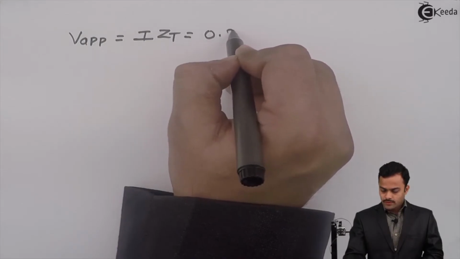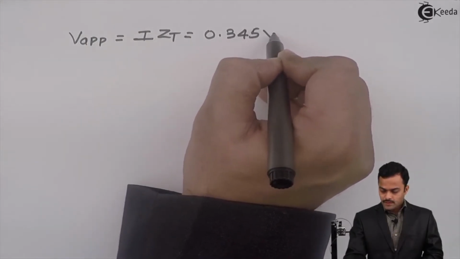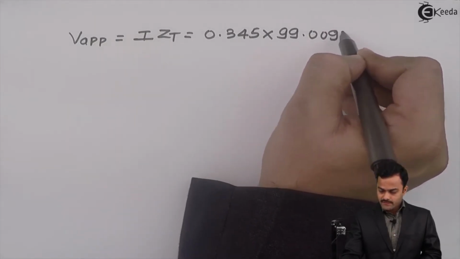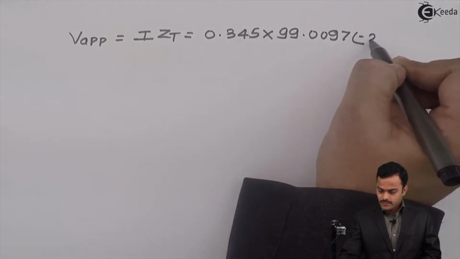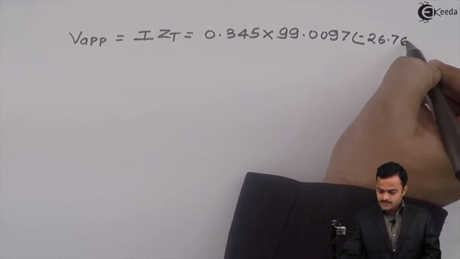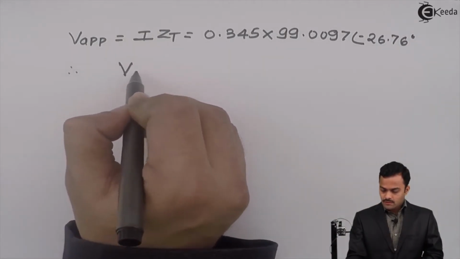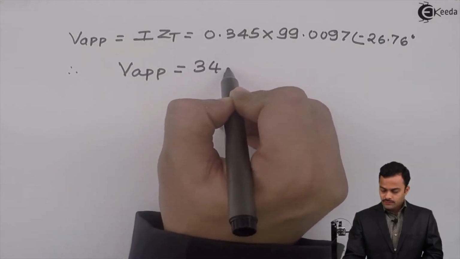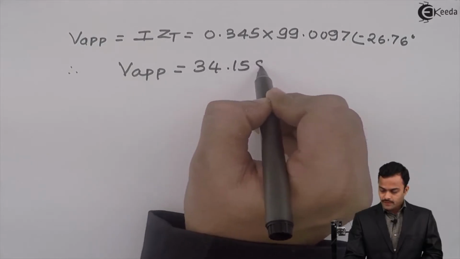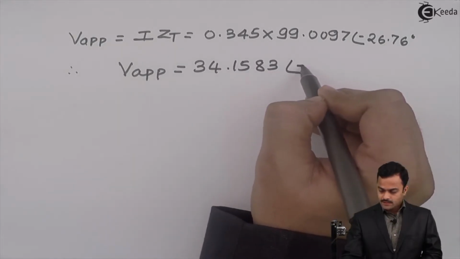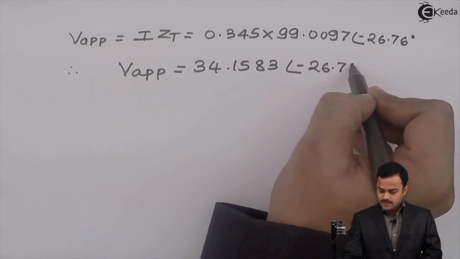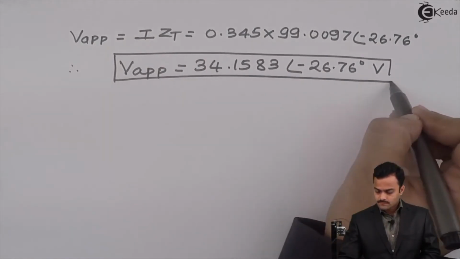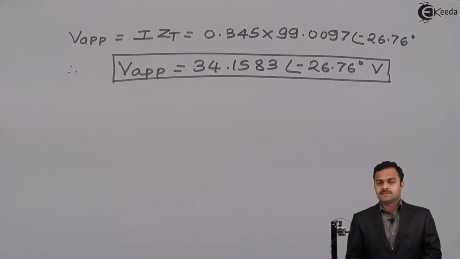So it is 0.345 multiplied by 99.0097 at an angle minus 26.76. So if I solve, voltage applied equal to 34.1583 at an angle minus 26.76 degree volt. This is the required answer.